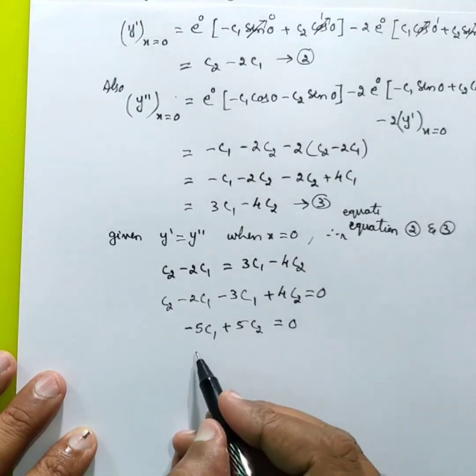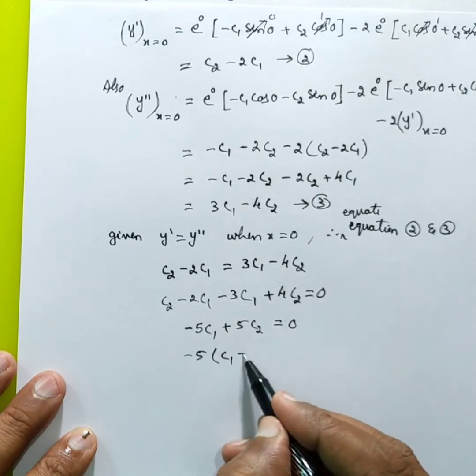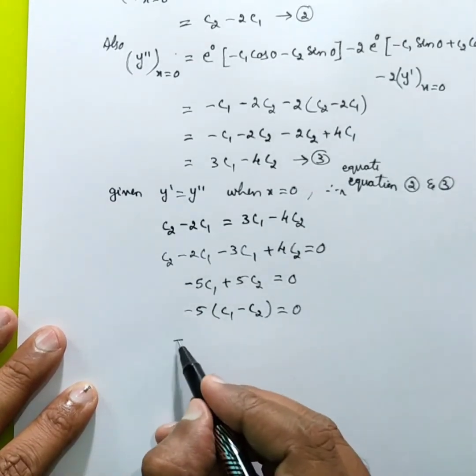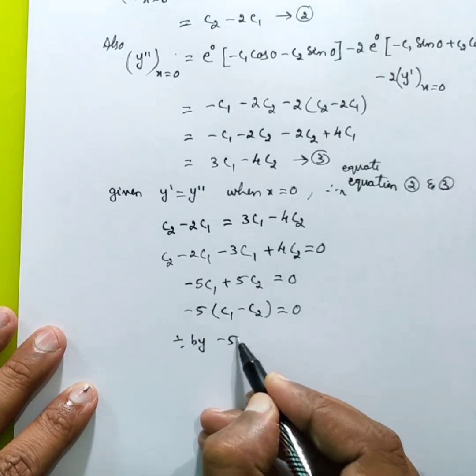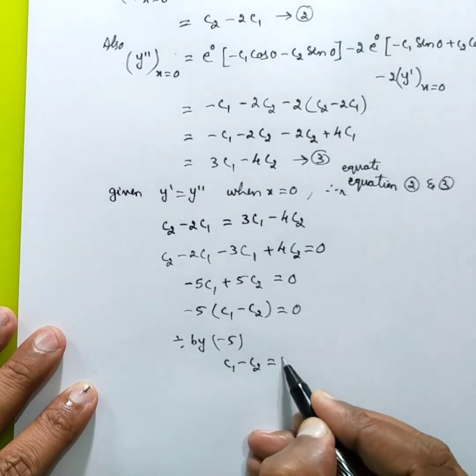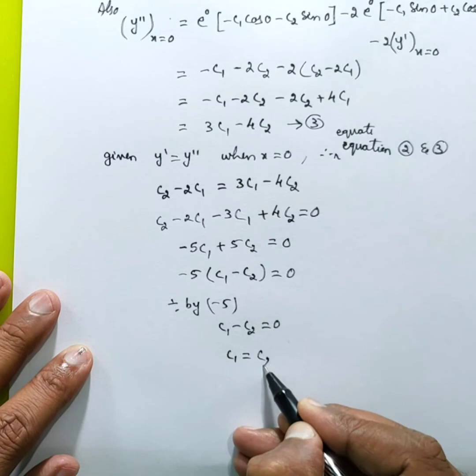If I take minus 5 outside, we are left with c1 minus c2 equal to 0. Or if I divide the equation by minus 5, the 5 cancels out, and we are left with c1 minus c2 equal to 0, which is nothing but c1 equal to c2.